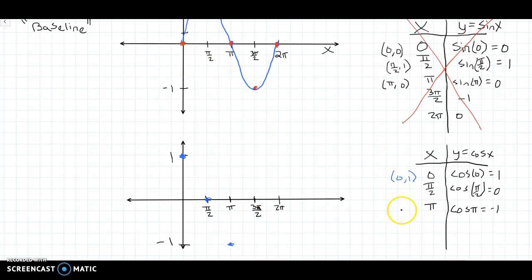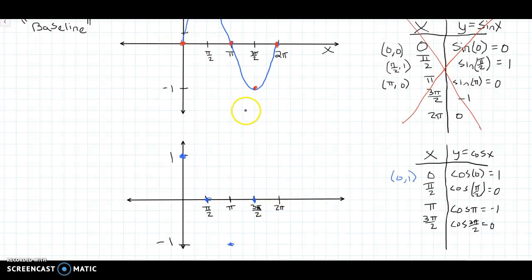Let's consider 3 pi over 2. When I'm thinking about the unit circle, that's 270 degrees, and so that would be a 0. Let's go back to baseline and place a 0 right there.